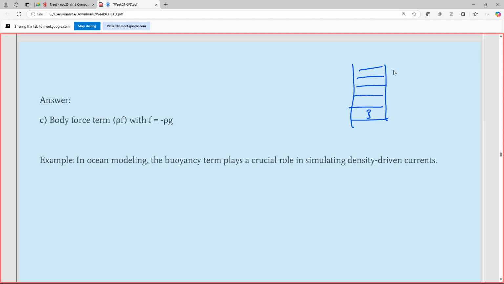Such fluids are called stratified fluids or stratified flow fields. In such cases, the body force of the layer above one layer is added to it. That's why body forces represent the buoyancy effects in stratified fluids.